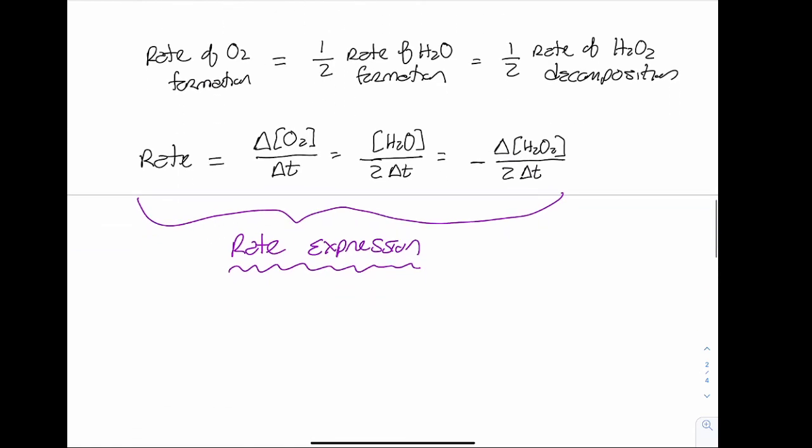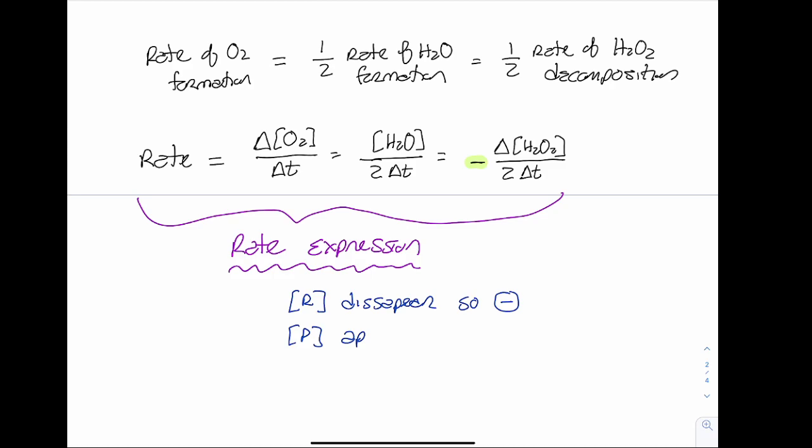A couple things that are important to note, right? Our reactants are going to have negative values in front of them. So our reactants, right, reactant concentrations disappear. So they're going to have a negative sign in front of them, right? We added a negative here. Product concentrations up here, right?